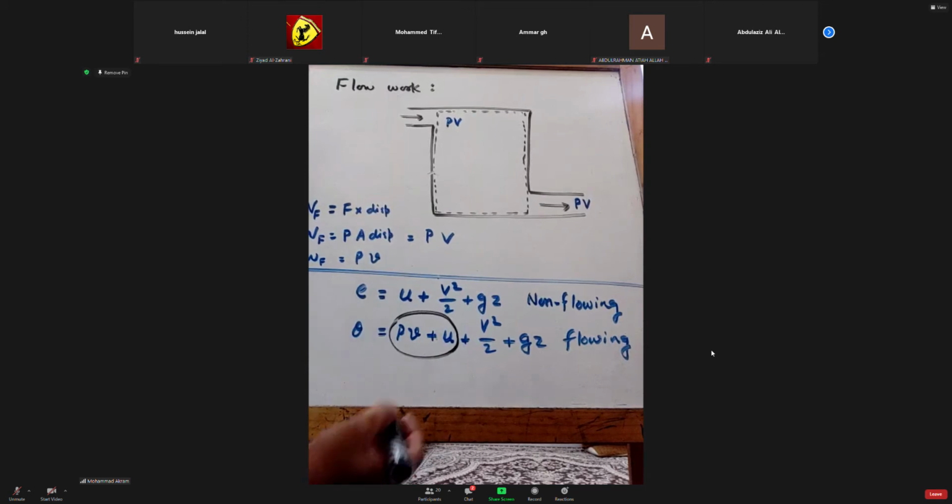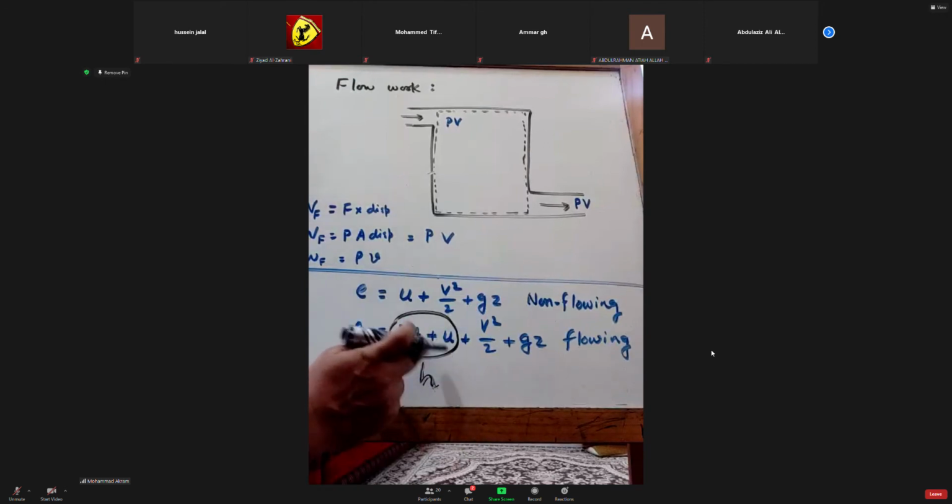This is called H, that is enthalpy. I gave the equation that H is equal to U plus PV, where H is the total heat content, that is the internal plus flow. U is the internal energy, V is the specific volume, P is the pressure, and H is enthalpy.